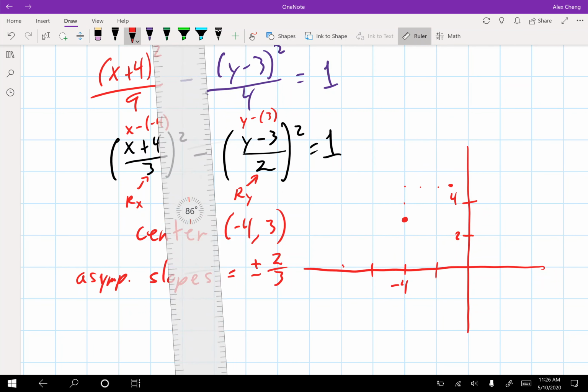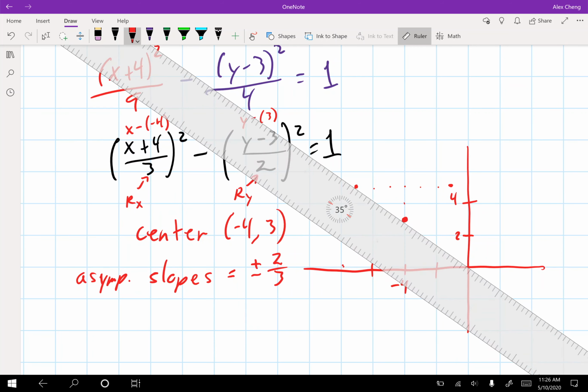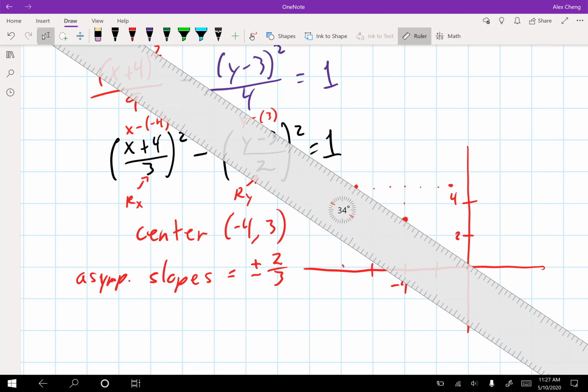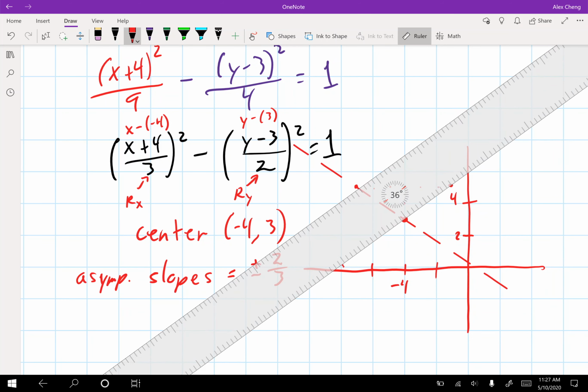And then the other one will be up to the left 3. So up 2, 1, 2, 3. So those are my slopes. So let's draw these in. Now this one's going to be like this.